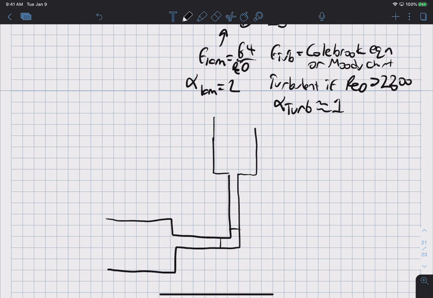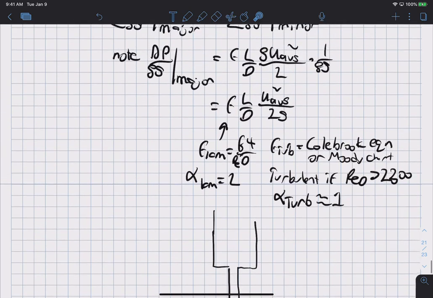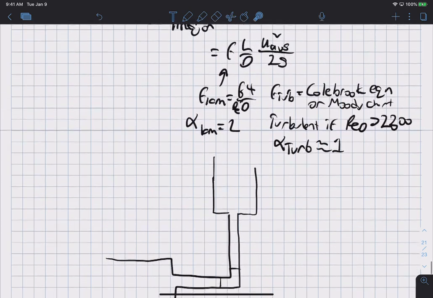Where we have a section of pipe here that is very long, a section of pipe here, a section of pipe here, and a section of pipe here. And so we would have to add up the delta P for this section, this section, this section, and this section, and those would all represent major losses. So we basically just need to add them all up.